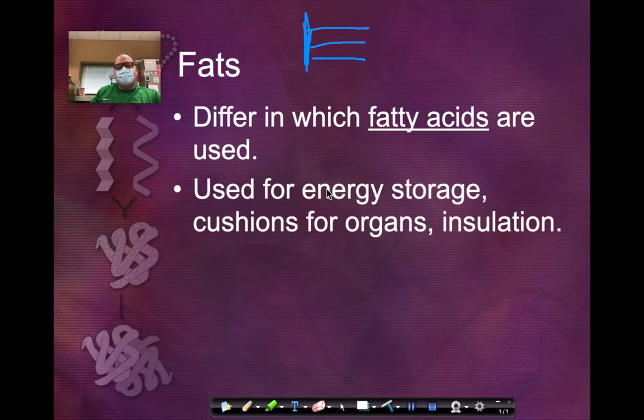So what are fats used for? In animals, we weren't always in an environment with almost unlimited calories like we are today. Think about something like a bear that's going to hibernate. They're going to try to build up a huge energy storage of fat before they hibernate, and live off that fat while they're hibernating.